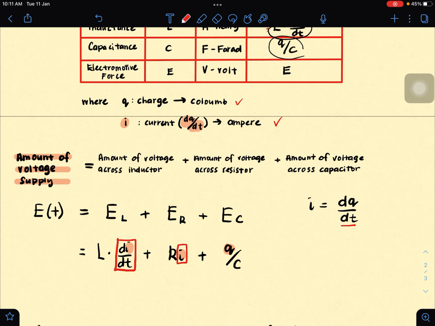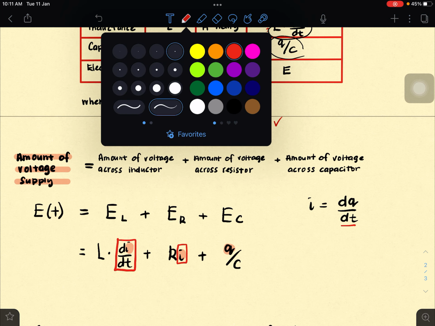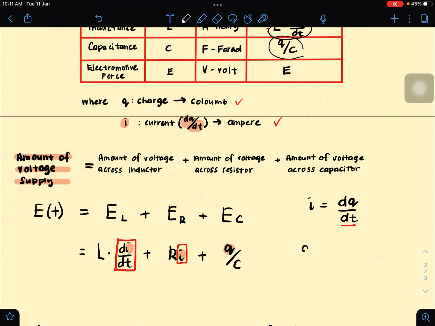Di dt is the derivative of I. So we can differentiate I to get di dt, and when you differentiate again, you will get the second derivative d square q dt square.